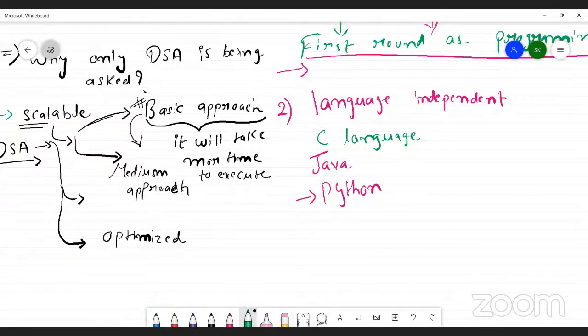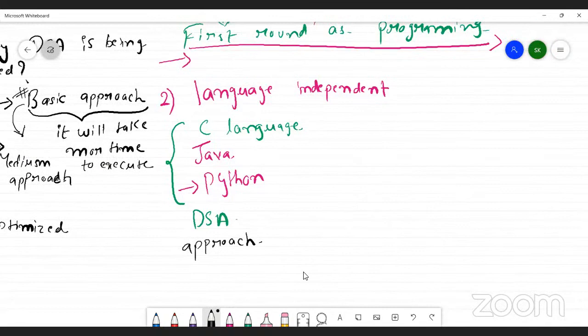But this is not an excuse in DSA. In DSA, what matters the most is approach: how you are approaching a particular problem. Lalit will answer this question again very soon, but for now, just focus here. In DSA, only approach matters.